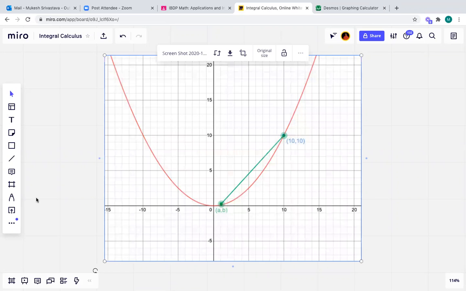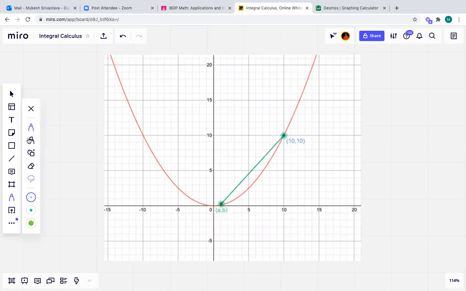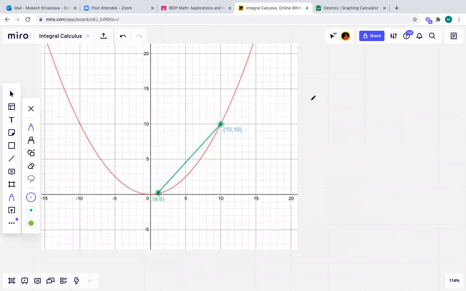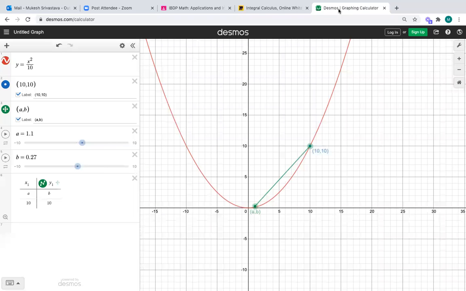It'll be 10 minus b upon 10 minus a. Now suppose I'm moving this point close to 10, 10.